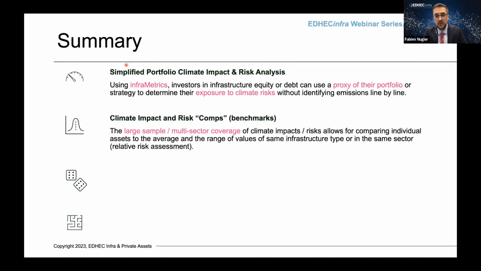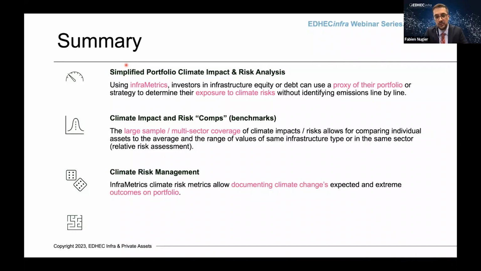This data can be also very useful as we have different comparables. We have multi-sector coverage. We also have different TICS categories. We also have the medians and many ways to compare the assets, also by region.